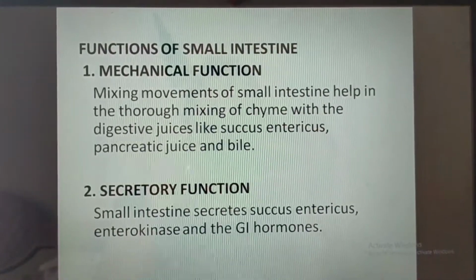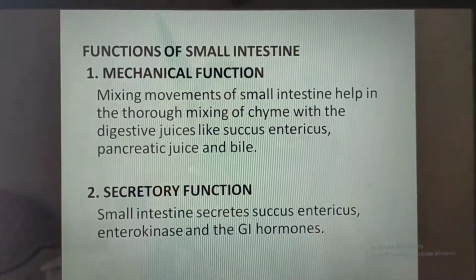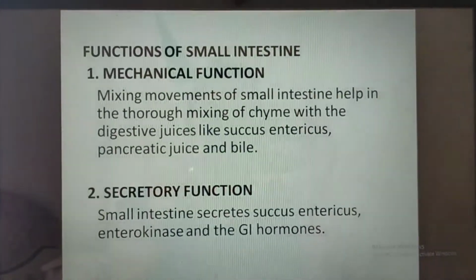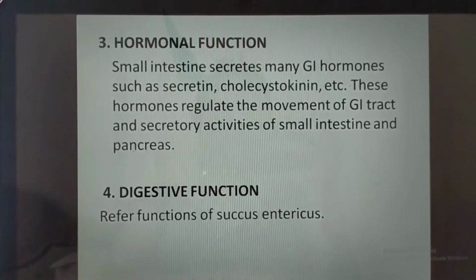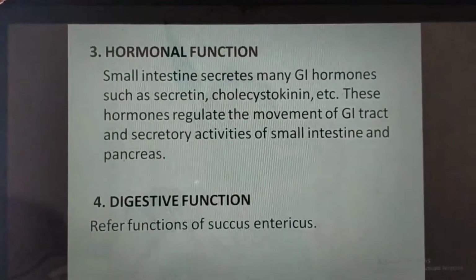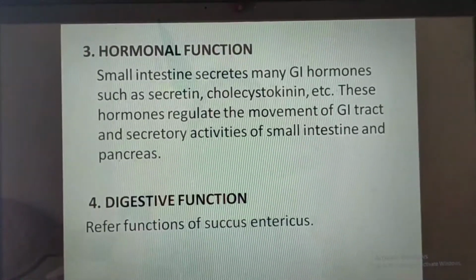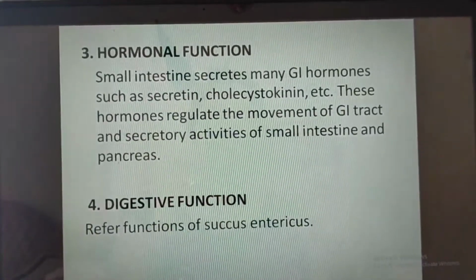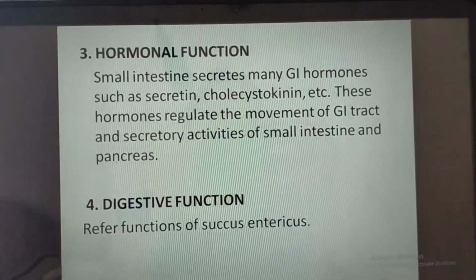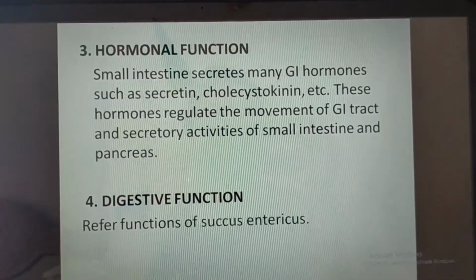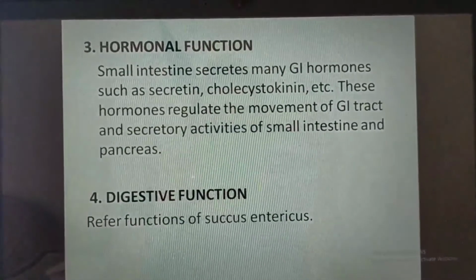Secretory function: small intestine secretes succus entericus, enterokinase and GI hormones. Hormonal function: small intestine secretes many GI hormones such as secretin, cholecystokinin, etc. These hormones regulate the movement of GI tract and secretory activities of small intestine and pancreas.